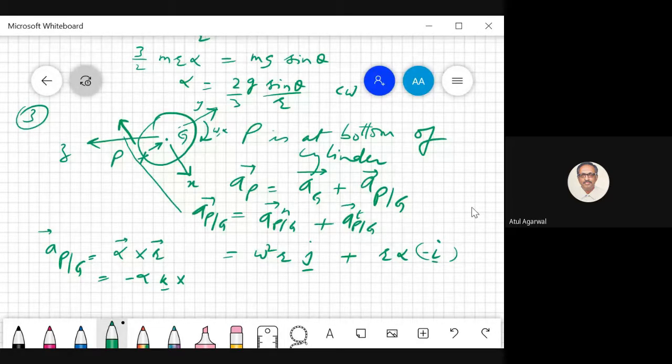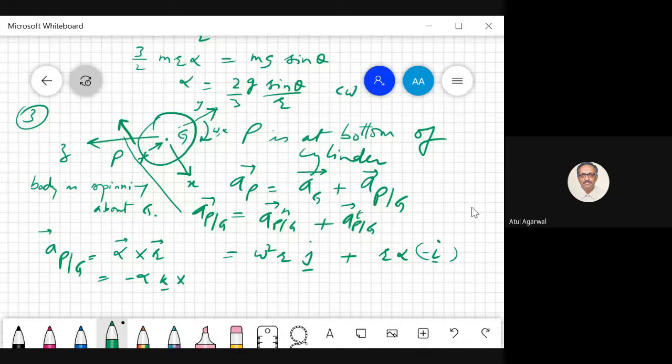I am assuming that the body is spinning about G. So the observer is seeing from point G. He wants to find the acceleration of point P. So he says it is pointing towards G, and then he has to take alpha k cross R. What will be the R?